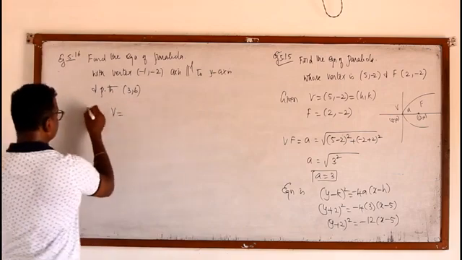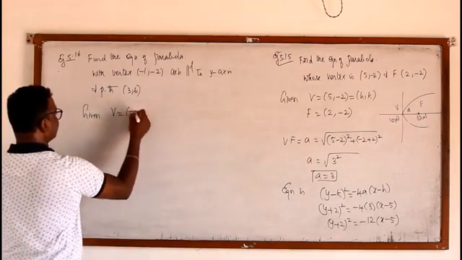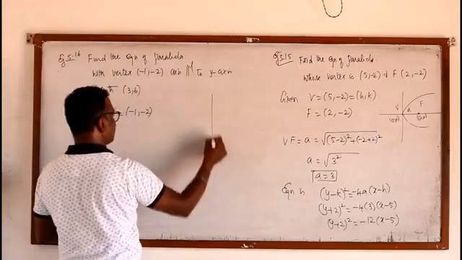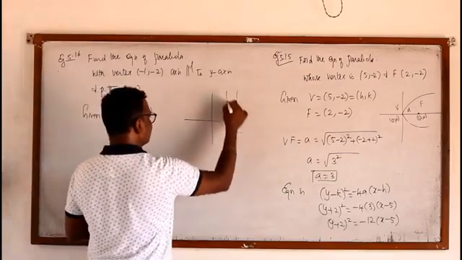So they gave vertex given. Vertex is (-1, -2). Now axis is parallel to y axis.